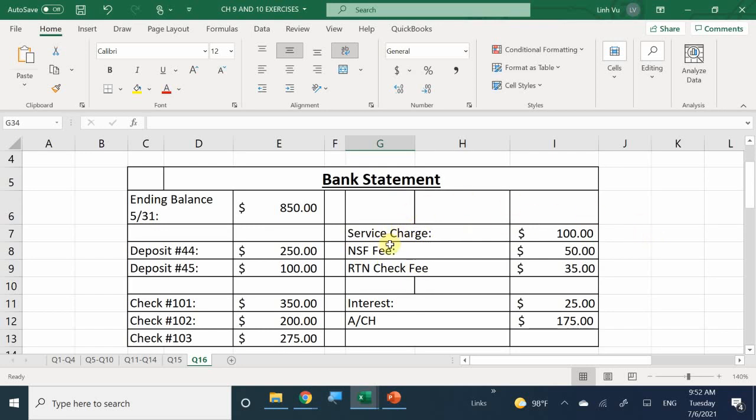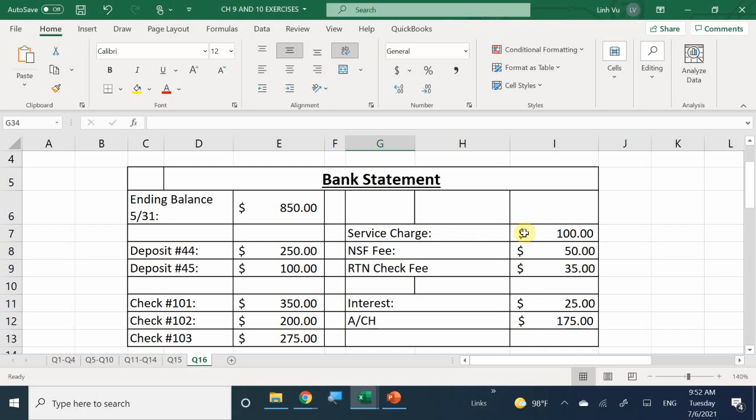They charged me service charges of $100. What else did they charge me? $50 for the non-sufficient funds and $35 for a return check fee. Correct. So $185 altogether, they charged me this, right?